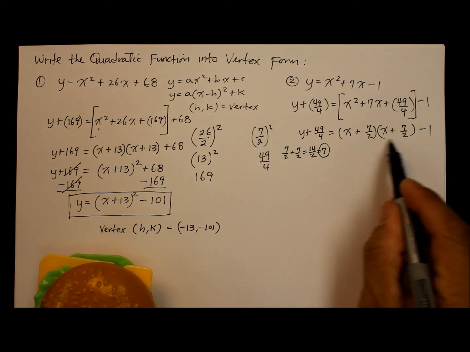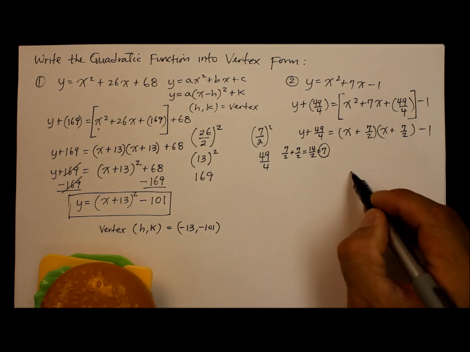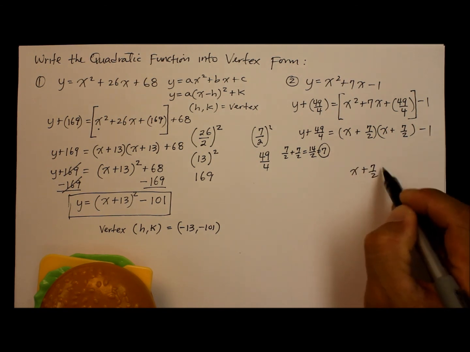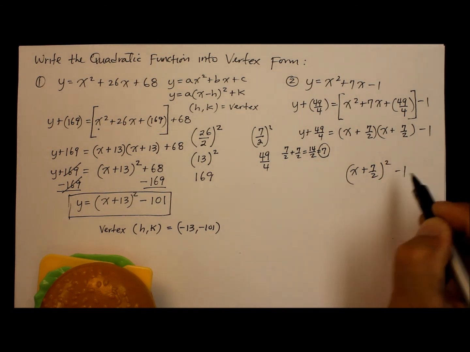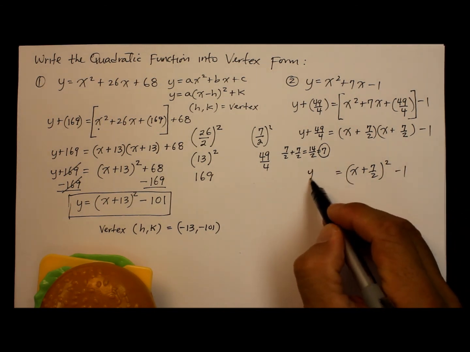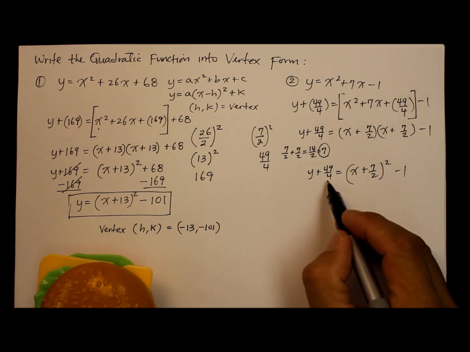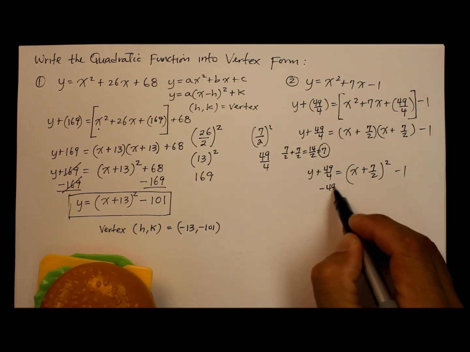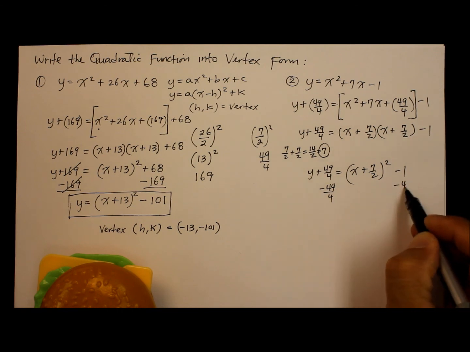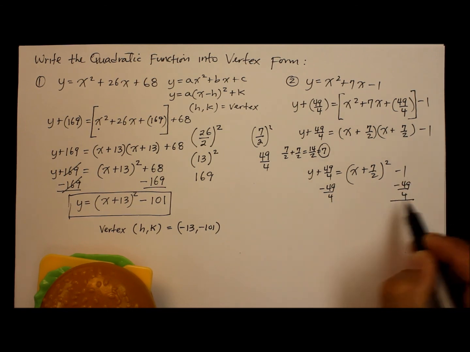Now we're going to simplify the two binomials as one, x plus 7 over 2 squared minus 1 on the right, and on the left is still y plus 49 over 4. We're going to solve for y by moving the 49 over 4 and lining them up with the like terms.